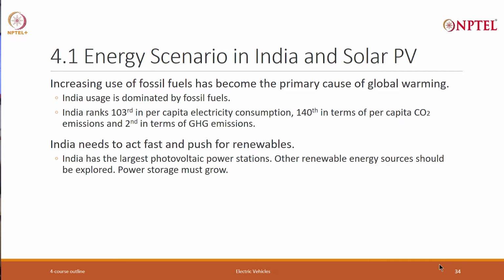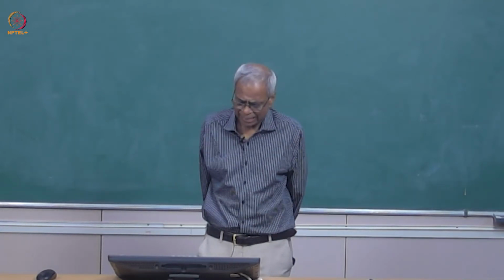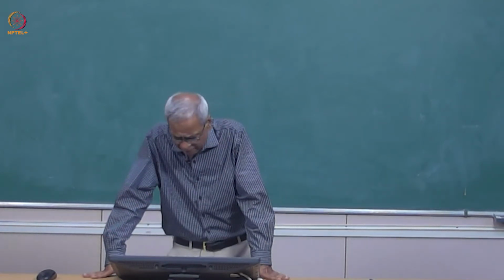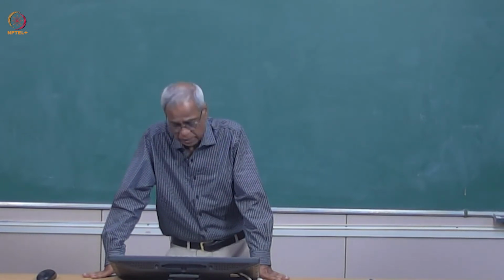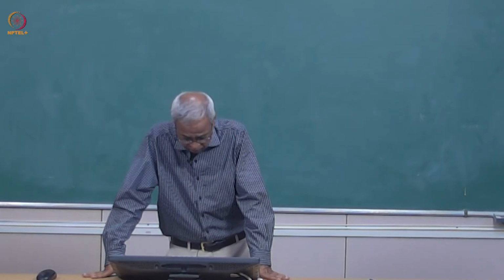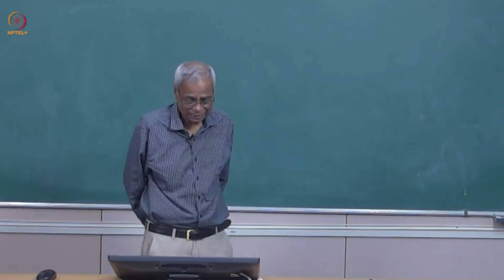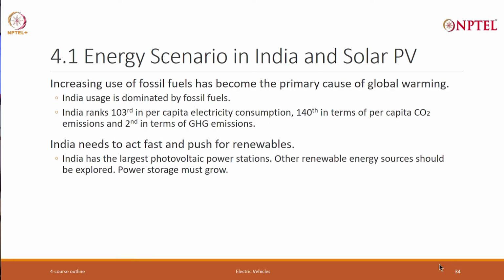In the part on energy scenario in India of the 4th course, first module, increasing use of fossil fuels has become the primary cause of global warming. India's usage is dominated by fossil fuels. India ranks 103rd in terms of per capita electricity consumption, and therefore it is polluting very little, 140th in terms of per capita carbon dioxide emission.